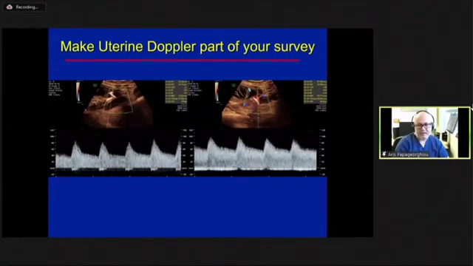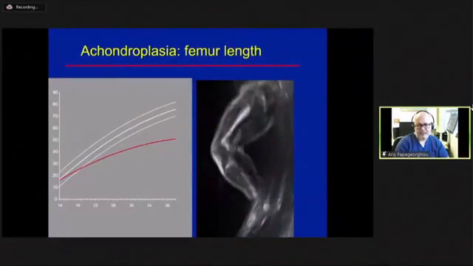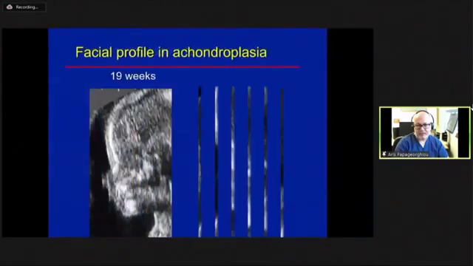If you have completely normal uterine Dopplers, as in this case here, then it's unlikely that placental insufficiency is the most likely thing. And you need to think about achondroplasia, which of course is the most common skeletal dysplasia.